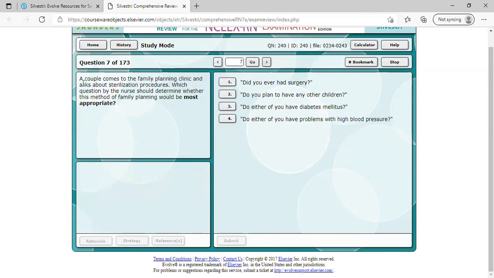Here, a couple comes to the family planning clinic and asks about the sterilization procedure, right?